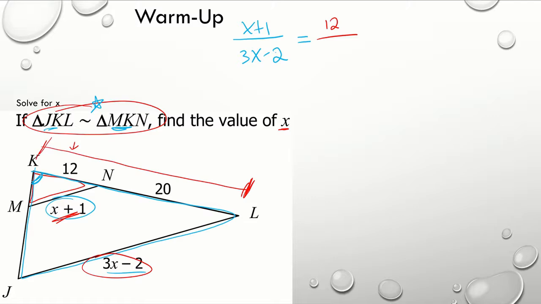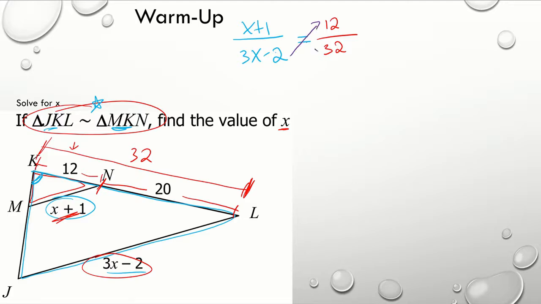Now this big triangle consists of two parts. From here to here is 20, and then from here to here is 12. That means altogether it is 32. And so then we can go from here. We can solve this equation by cross multiplying.